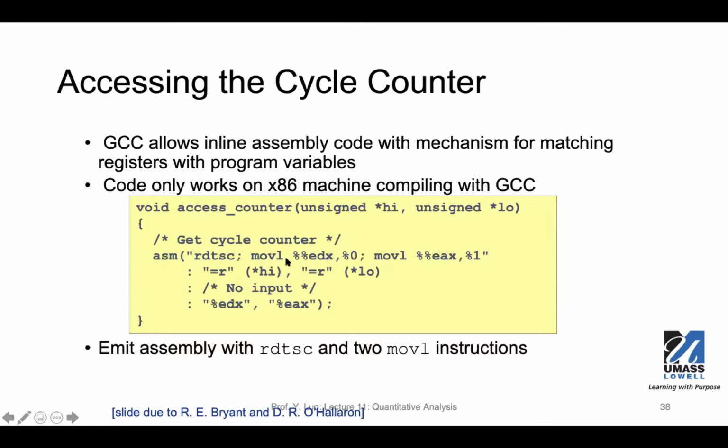So this is the move instruction. This copies the value of EDX to this argument, the location pointed by high. And similarly, the other half of the cycle count will be put into the memory location pointed by low.